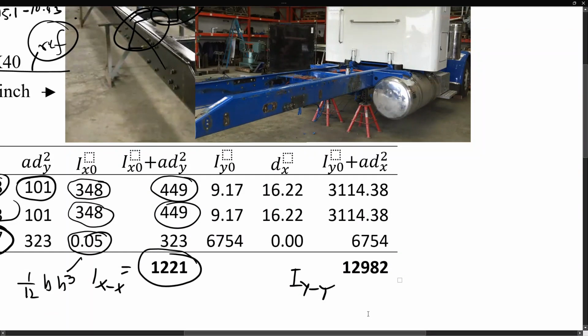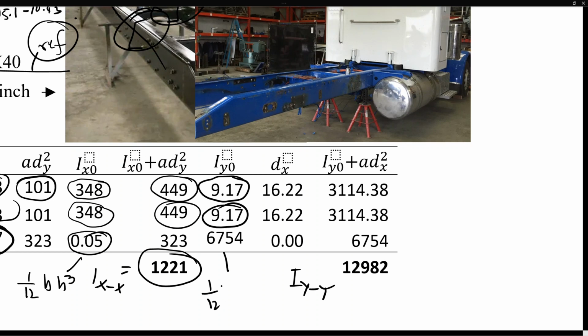The only thing you have to be worried about here is that you can get this Iyo from the back of the table, and this one is again 1/12 BH cubed, but in this case the base changes, so this is now the height, and the base becomes that 64 inches length. So this actually becomes quite a big number because you are doing 64 cubed.